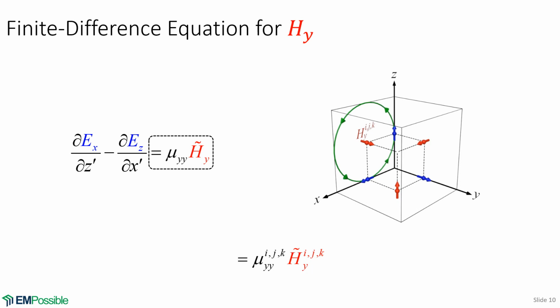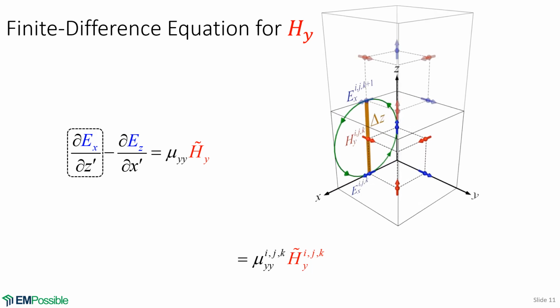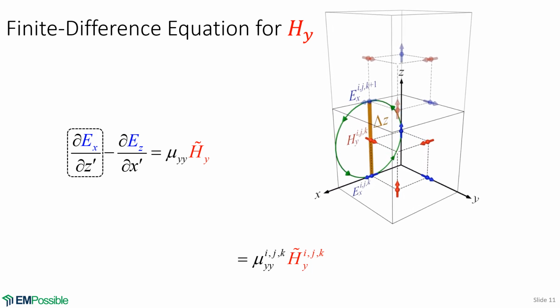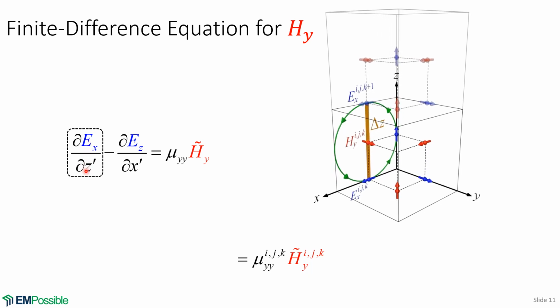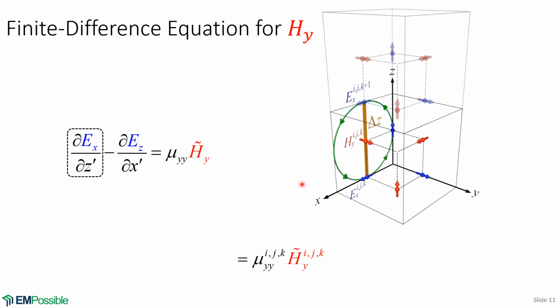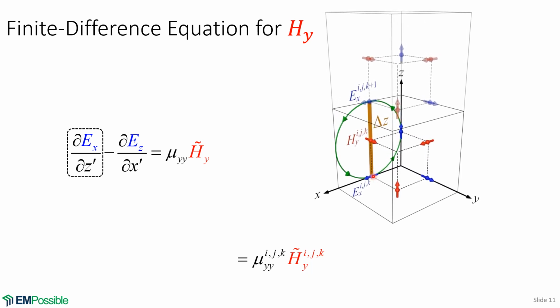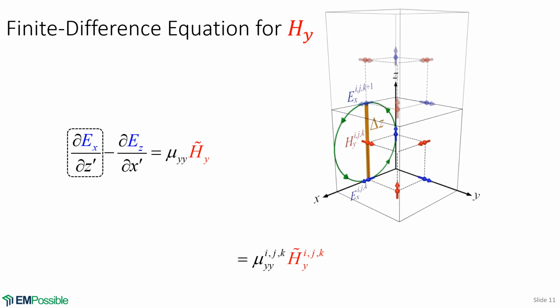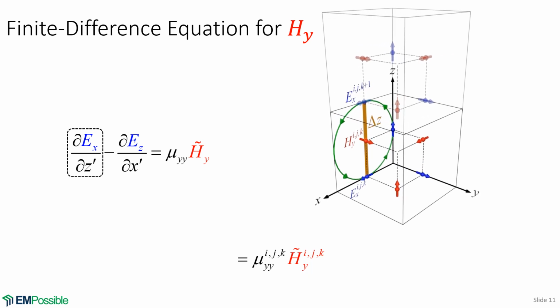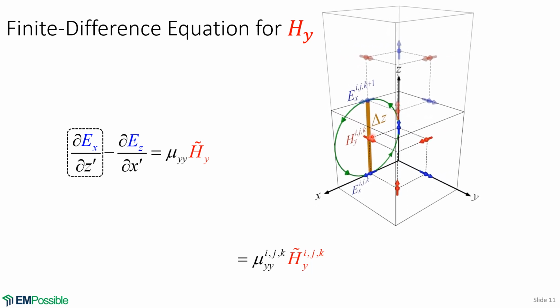Now let's go on to the first partial derivative. This is the partial derivative of EX with respect to Z. So we go over to our Yee cell, we find EX, and we want to calculate the derivative in the Z direction with a central finite difference. But we want that central finite difference to exist where HY exists.